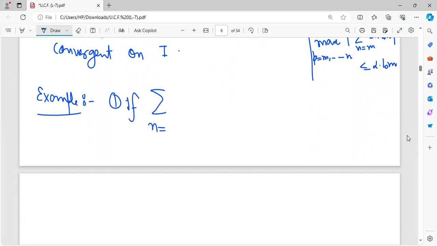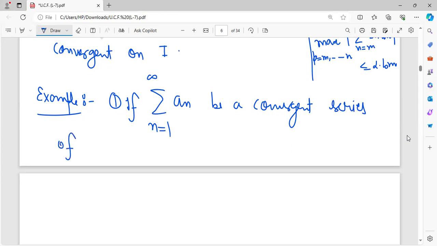If summation n goes from 1 to infinity a_n is a convergent series of non-negative terms. Okay.